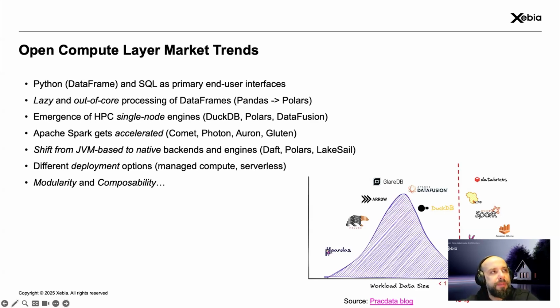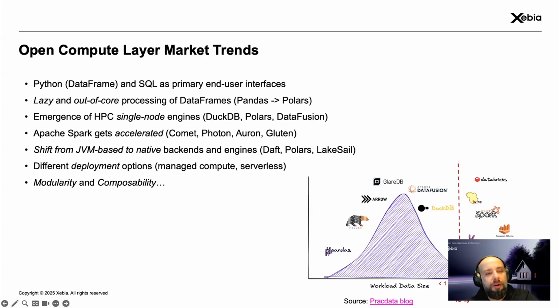At the same time, we are also observing the emergence of high-performance single-node engines such as DuckDB, Polars, or DataFusion. Next, there are a couple of interesting projects with the goal of providing an acceleration layer to the Apache Spark distributed engine. There are projects like Apache DataFusion Comet, Photon, a proprietary one provided by Databricks, Apache Auron, or Apache Gluten.